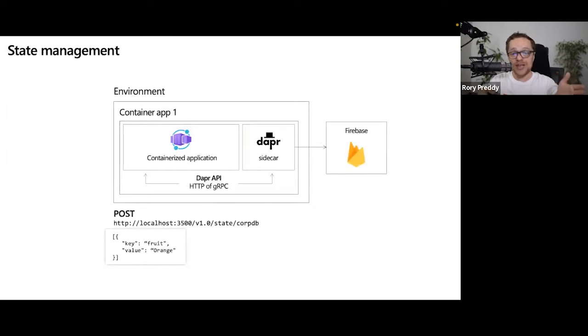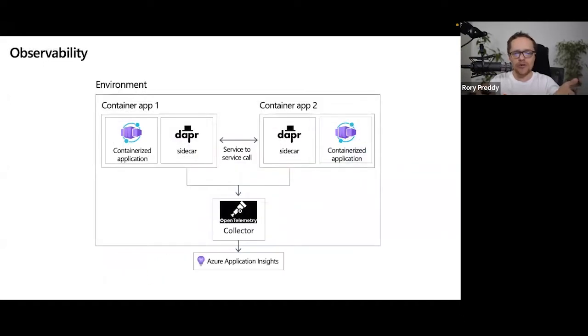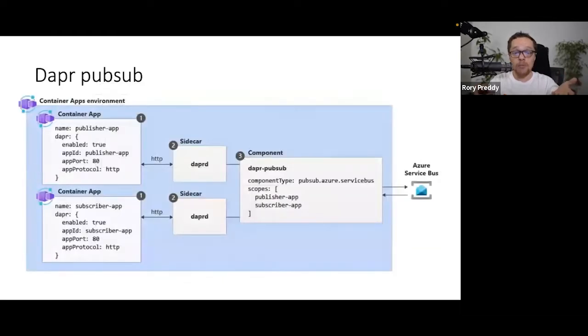If I wanted to do state management, in this case Firebase or Redis Cache or Azure Cosmos DB, I can just post, and I've got my Dapr sidecar, and because it's registered with that state, it knows where the state store is. If I want to do observability, I can also do a service-to-service call, and that'll be picked up by OpenTelemetry and then plugged into my monitor of choice, in my case Azure Application Monitor.